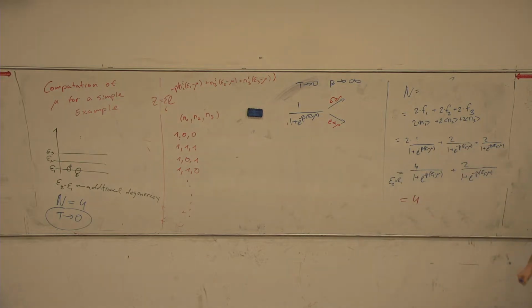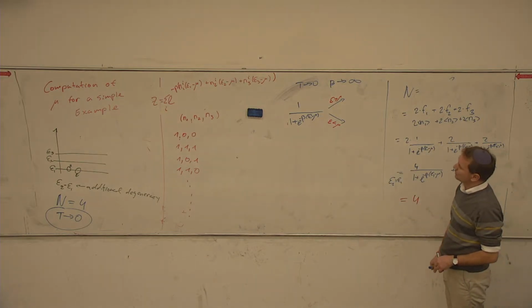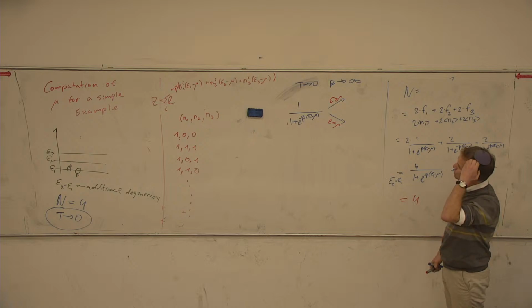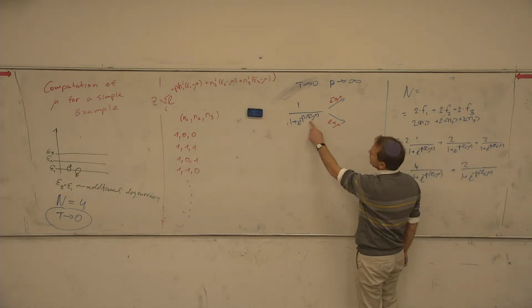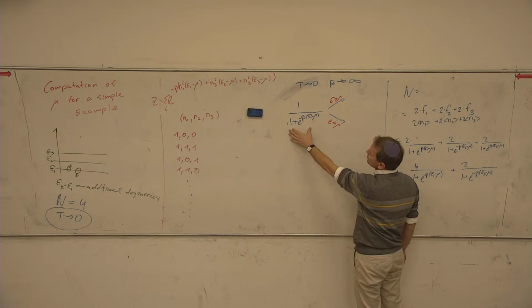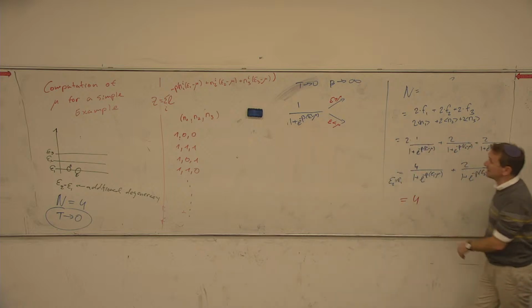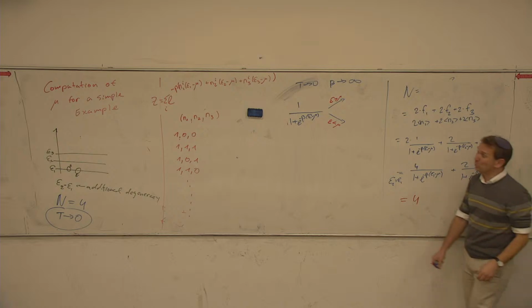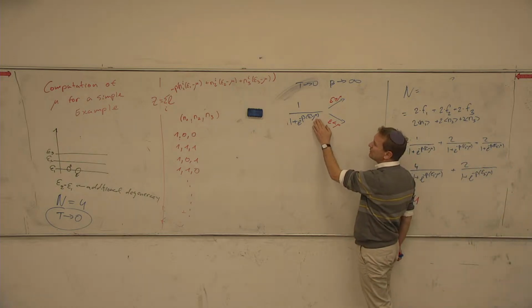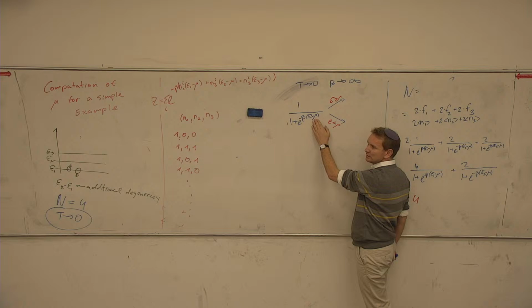Now, for epsilon larger than mu, T goes to 0. What is this number over here? 1, right? But I don't really want to take it as a 1, because then I completely lose my mu dependence, right?